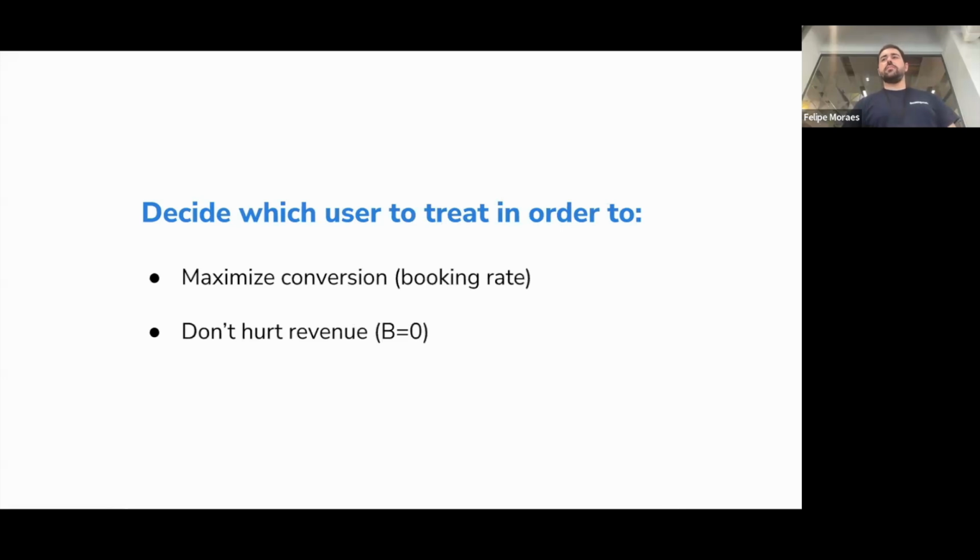Or they can say, maximize conversions and don't hurt the budget. We can only make money out of this promotion, so we don't have money to spend. So just give to who would really change their decision by giving this. I will focus on using the maximization of conversion as an example and the budget as a constraint.